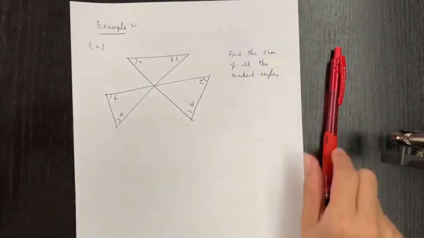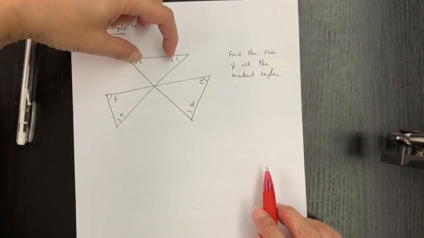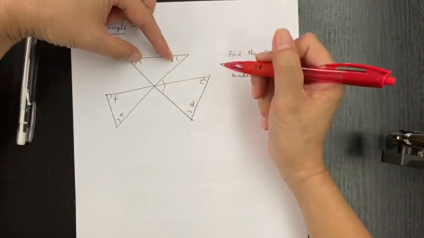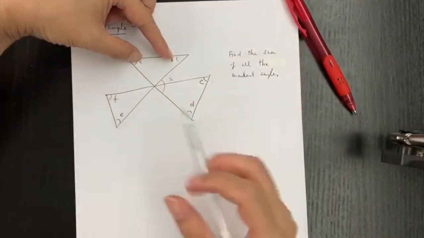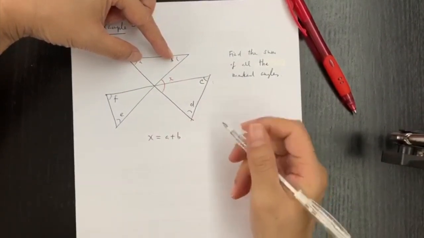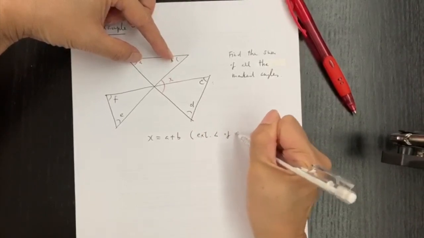Are you ready? So what I'm going to do is, what is the exterior angle for A and B? All right, it must be here. Do you agree with me? So, and let's say this is X. So therefore, I have X equals to A plus B. Reference, exterior angle of triangle.